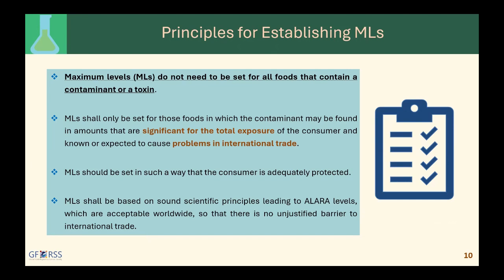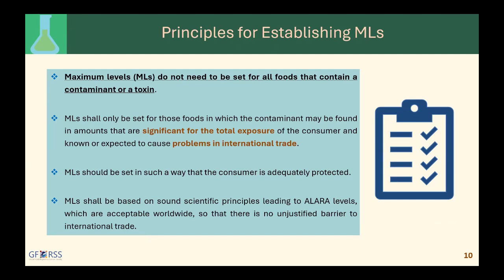I started by presenting what the total exposure is, okay? And normally within CCC, of course, they have values for this. Normally they would consider a food commodity contributing more than 10% to the total dietary exposure to this contaminant as having the merit of setting an ML for it, okay?